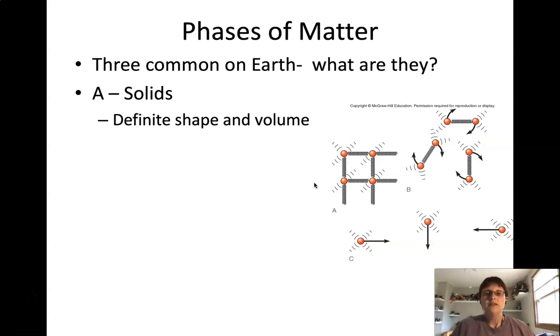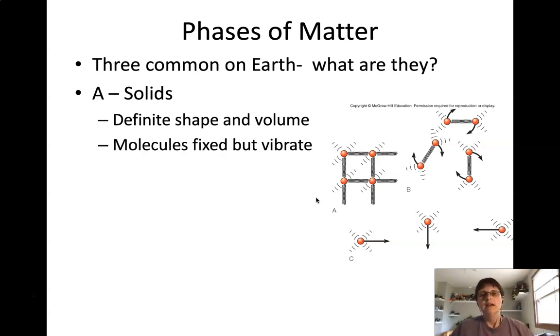Solids are any material that have a definite shape and volume. Think of a lot of the objects that we work with every day, tables and so forth, your computer. These don't change their shape and volume unless you do things like pound on them. And this is because the molecules are fixed.